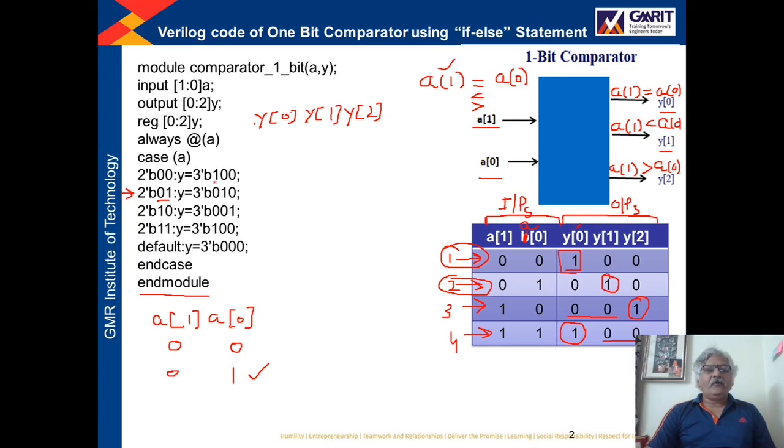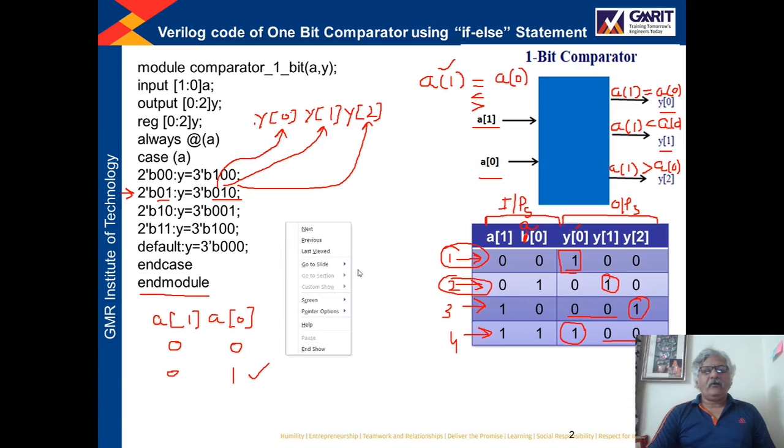So see what values we are assigning to y: 0 1 0. This means this 0 belongs to y2, this 1 belongs to y1 and this MSB 0 belongs to y0. Okay, this is done now.